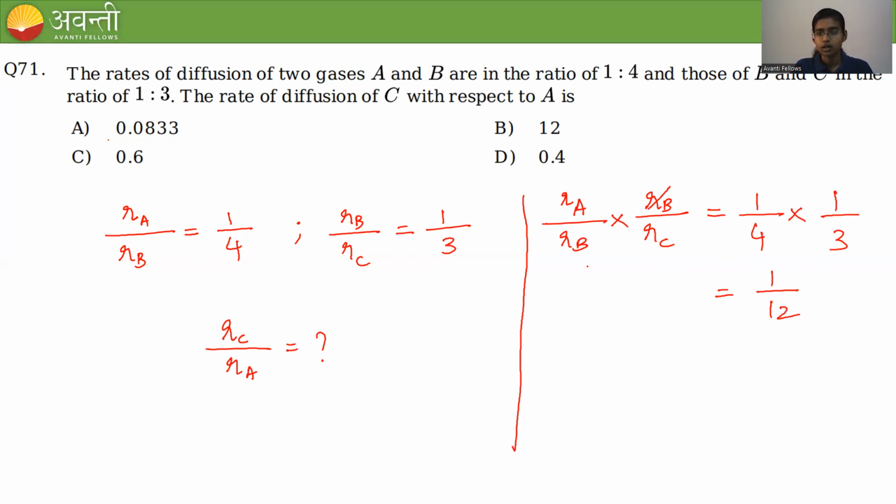That is, RA by RC is 1 by 12. But we are asked to find out RC by RA, right? So it is 12 by 1, or simply 12. So the rate of diffusion of C with respect to A, that is RC by RA, is 12. So option B is correct.